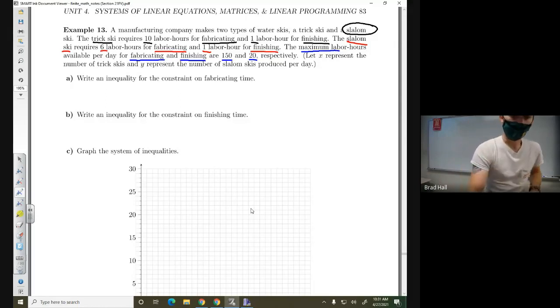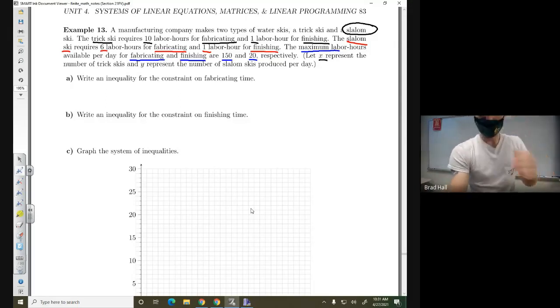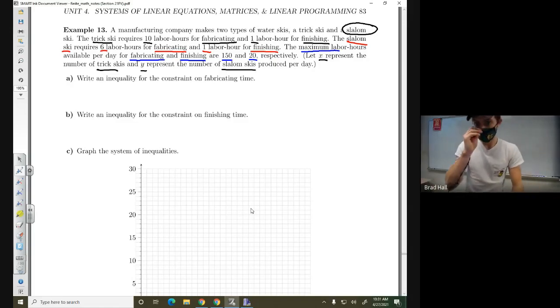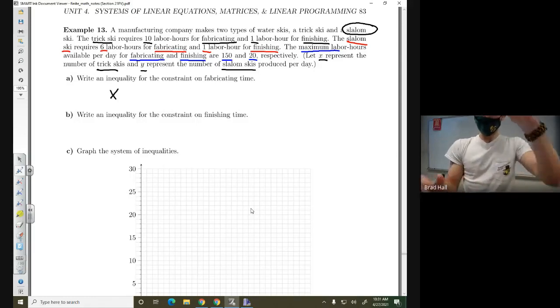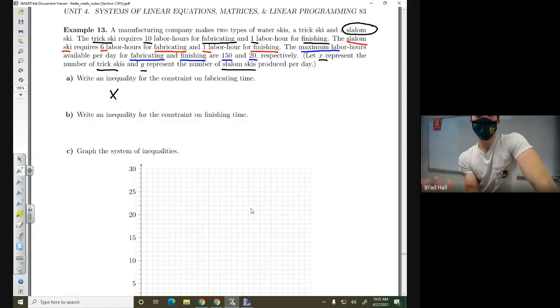And they do go on to tell us X represents these type of skis, Y represents these type of skis. So the question is, how do we write inequalities based off of all this information? Well, if X represents trick skis, then we need to find the numbers that correspond to that.